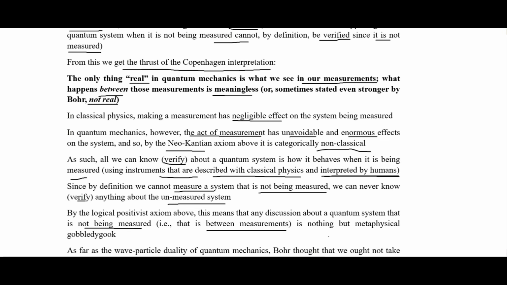When it's not being measured, we can't say anything meaningful about it. And so if we try to talk about what the wave function in a state of not being measured is, that's nothing but metaphysical gobbledygook.